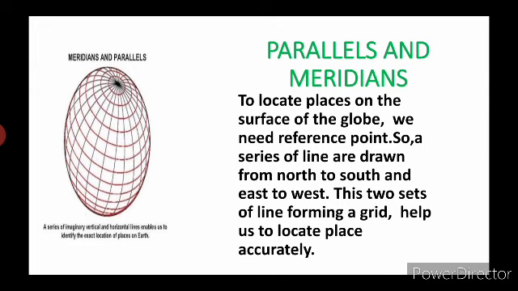These two sets of lines form a grid, and help us locate places accurately. You may have seen the globe. On the globes you can see the continents, oceans, countries in accurate measurement. So how are they making it? By using these lines. Understood, students?